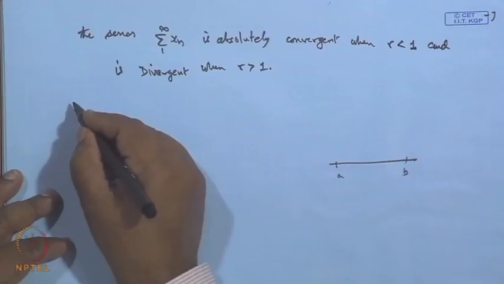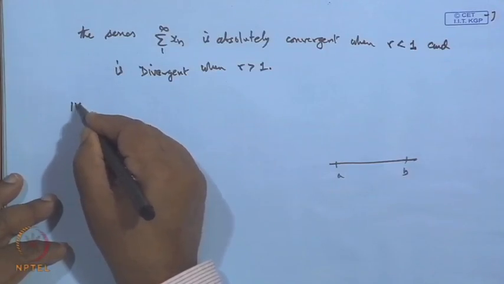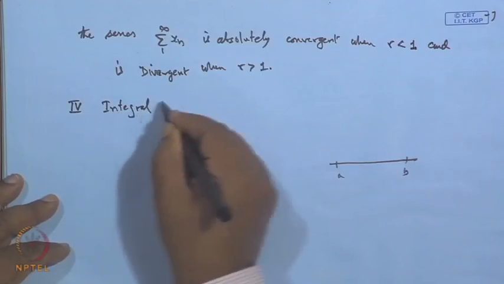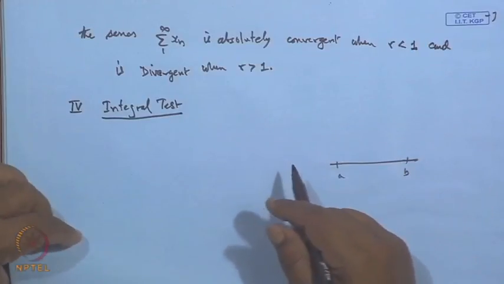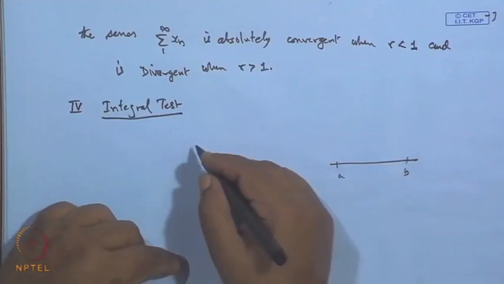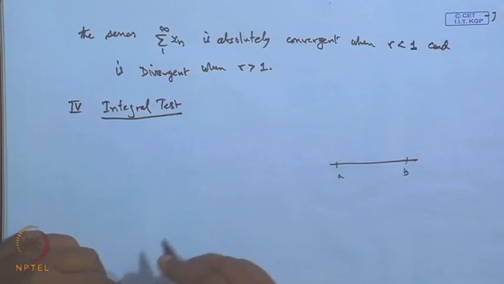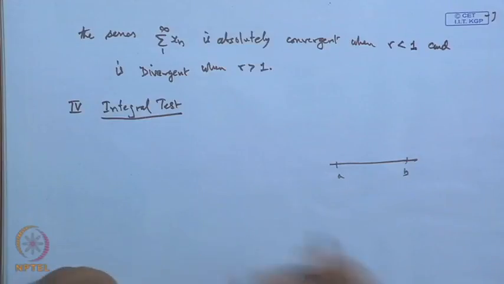We are interested in the test right now. So the fourth test is the integral test, which is a very powerful test. Here we assume f is positive. One more thing is the concept of the improper integral.